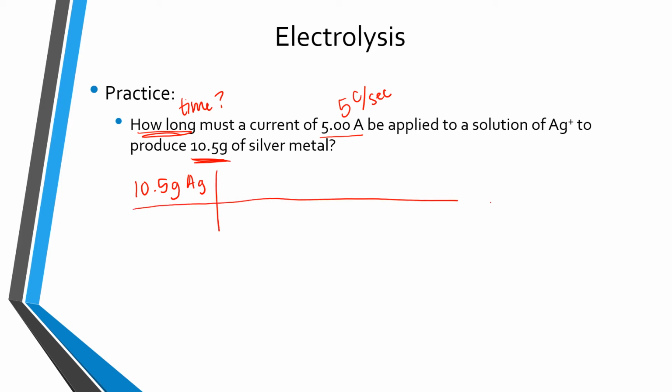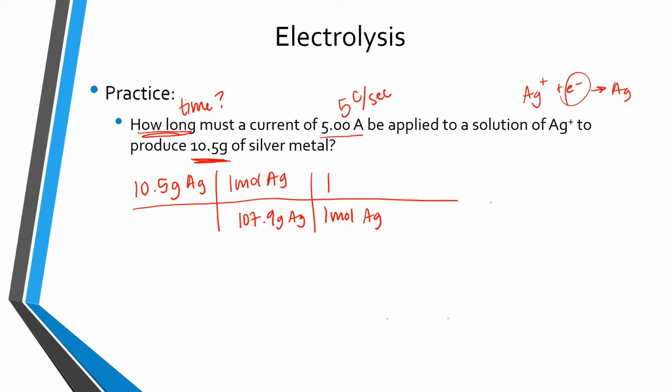Well, I know I'm going to need to get to moles of electrons. So first I need to get to moles of silver. So 1 mole of silver is 107.9 grams, just straight from the periodic table. And then 1 mole of silver is going to need 1 electron, so 1 mole of electrons.